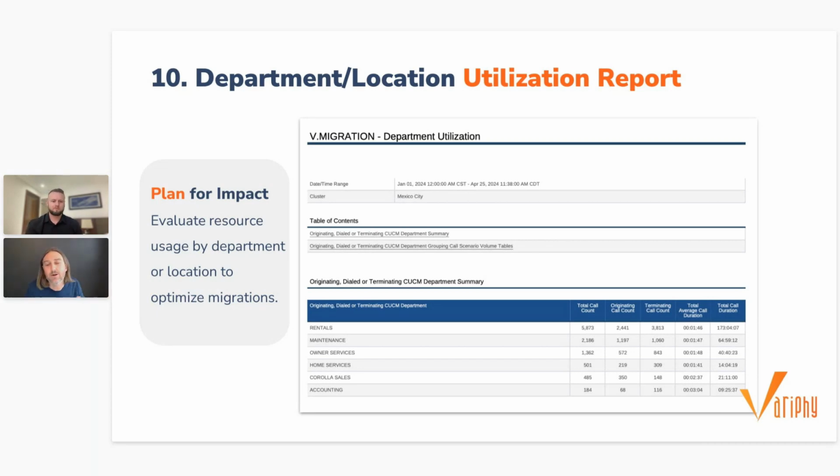So this is very good data-driven decision making, used for the migration plan, but also extremely strong post-migration, because now you've made that plan and carried through with maybe your first location or department. Going back to that total calls report, you also want to make sure that volume is where it's supposed to be after you've completed the migration. So let's say I've migrated my accounting department over.